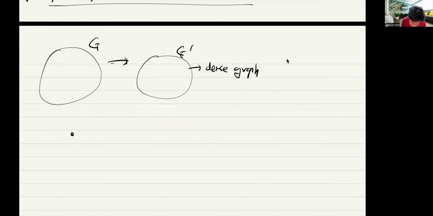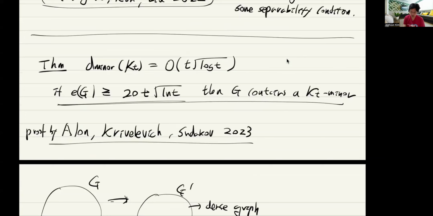Why? If you have two vertices that don't have many common neighbors, then you can contract them. The number of vertices decreases by 1, and if they don't share any common neighbor, the number of edges also decreases by only 1. Then the average degree goes up, because per vertex, the number of edges is a large number.